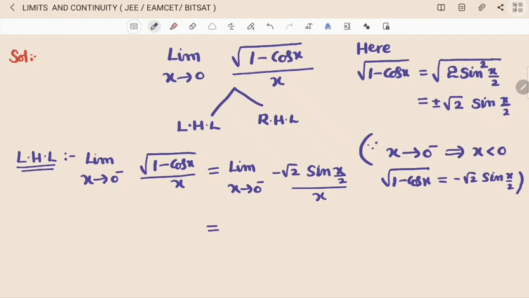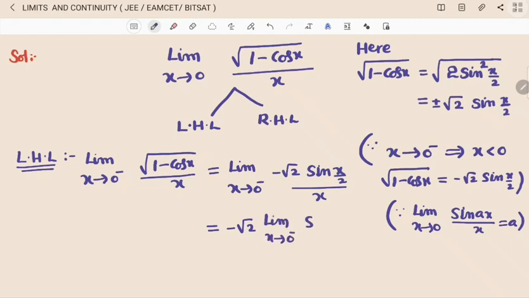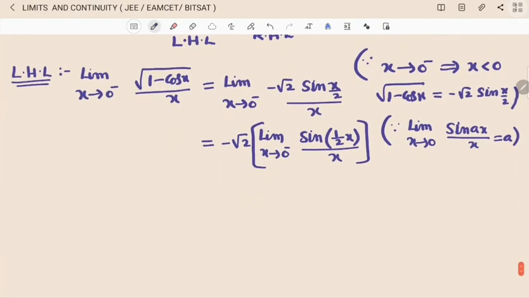So minus root 2 constant we can take outside. It is in the form of limit x tends to 0 sin ax by x is equal to a. So limit x tends to 0 minus sin x by 2 by x, which is equal to minus root 2.